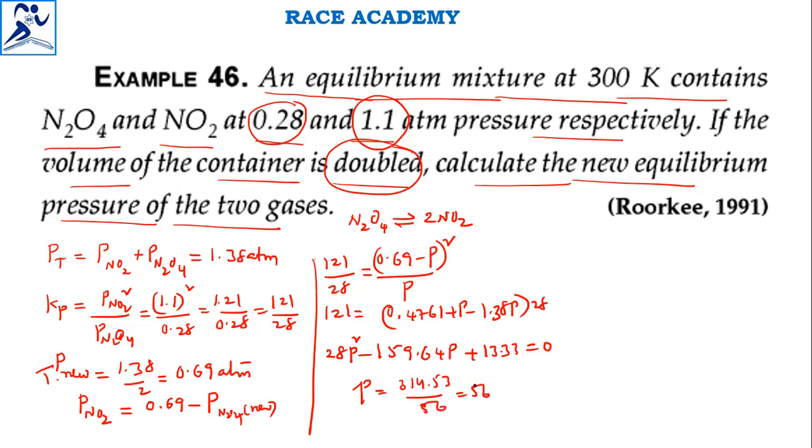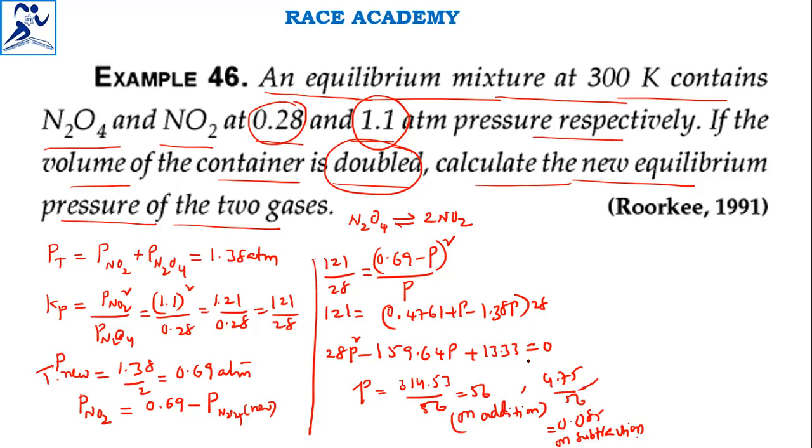On addition, you will get this value, and the other value is 4.75 by 56. That will be 0.085. That is on subtraction you will get. So this 0.085 we can accept.